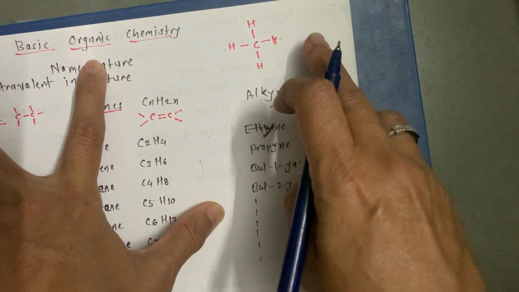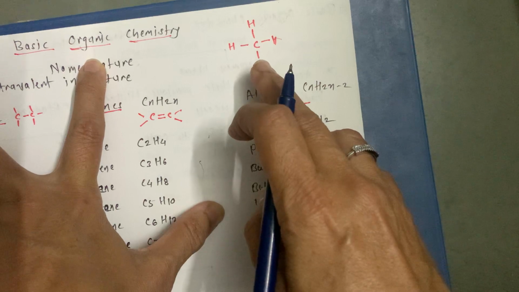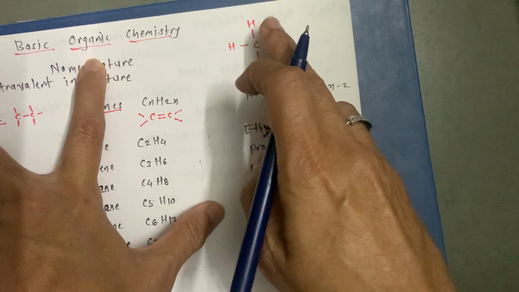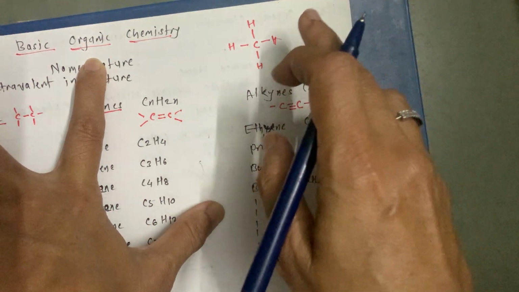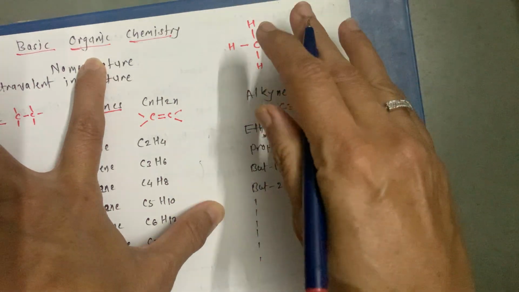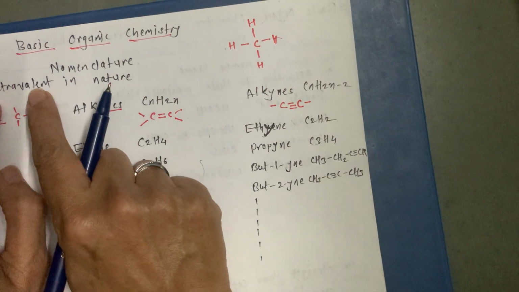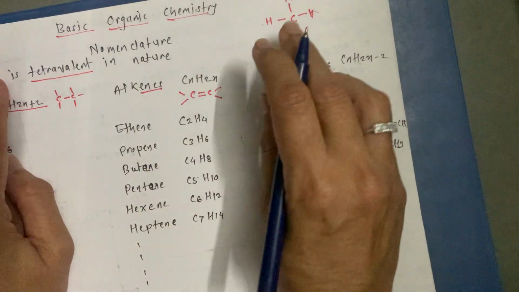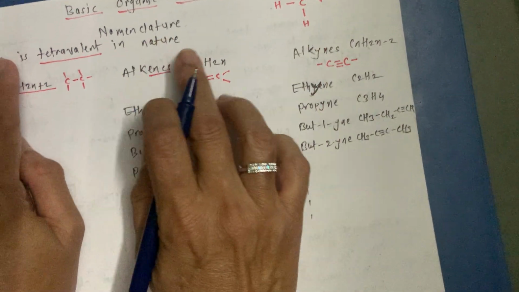Because in the valence electron shell around the carbon there are 4 electrons, the shell which is going to form bonds with other atoms, and so the carbon atom is known as tetravalent in nature. It can form 4 covalent bonds.